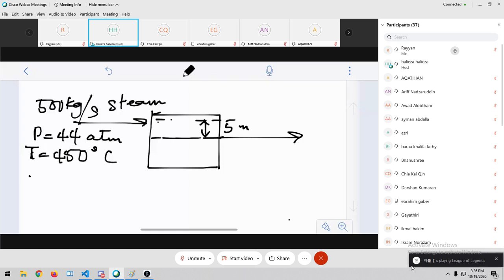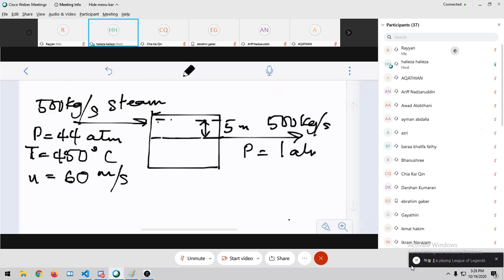Your velocity is 60 meters per second. Okay, that's done. For the exit, you still have 500 kilogram per hour of steam because it's just input and output. The exit is below the inlet, at atmospheric pressure, P is equal to 1 atm. Temperature, no change in temperature, I guess. There's no mention of it. U is equal to 360 meters per second.